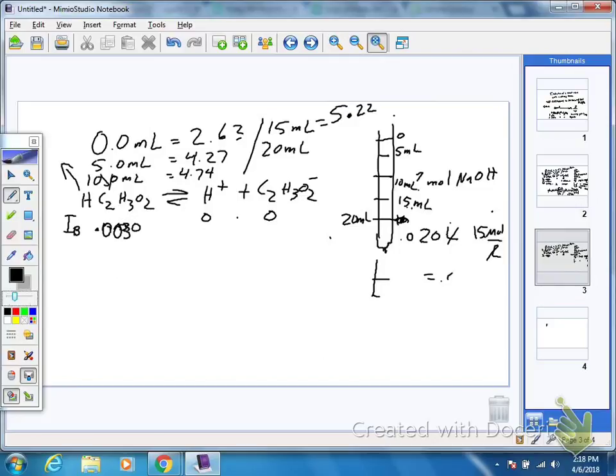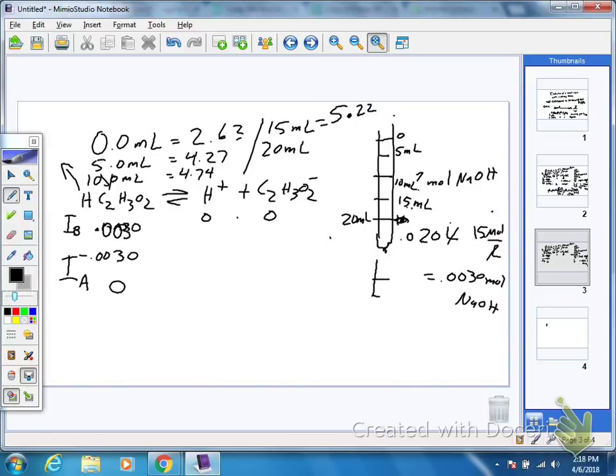That gives you 0.003 moles of NaOH. At that point, we call that an equivalence point, where we have equal OH and H that are balanced out. So we had originally 0.003, we're going to minus 0.003, and that gives us 0. Acid remains. So there's no more acid that remains.